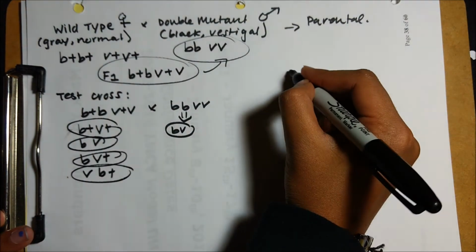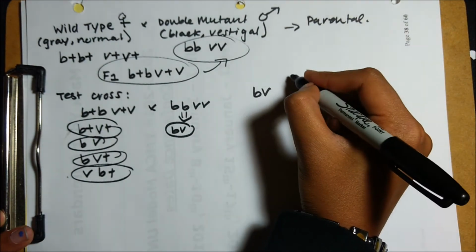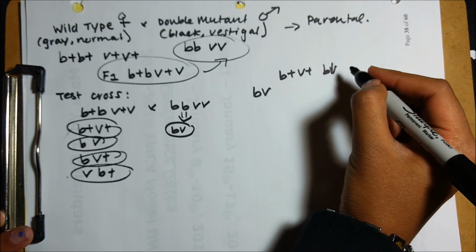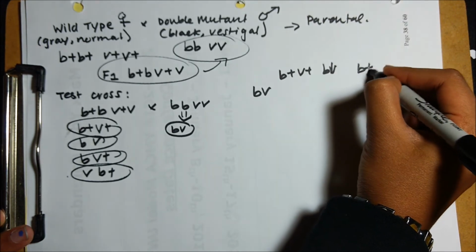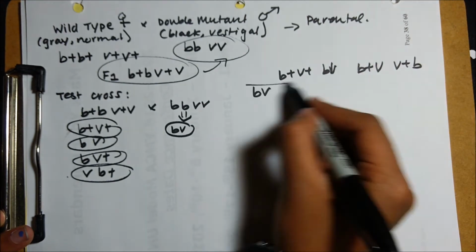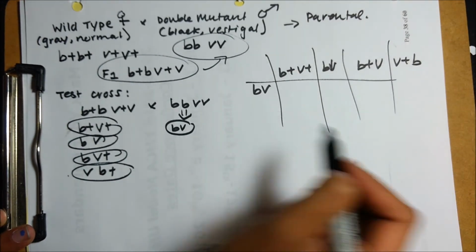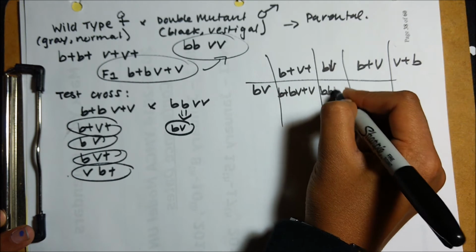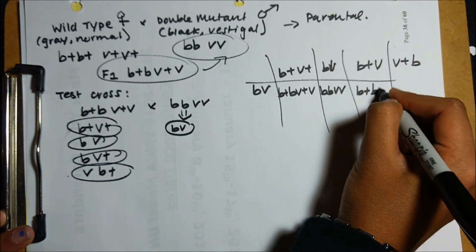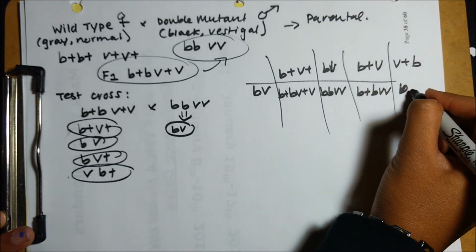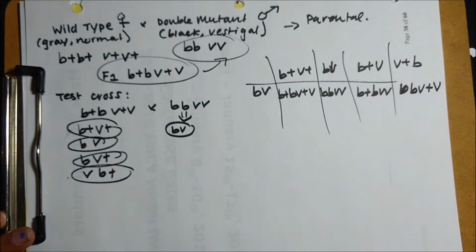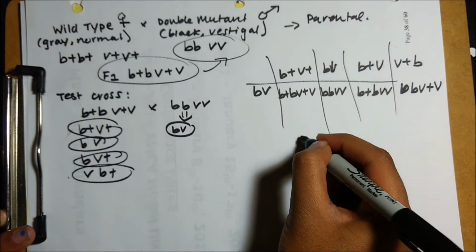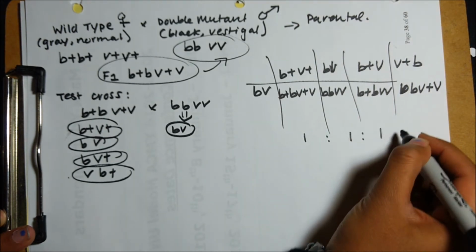So our Punnett square would look like a BV, and you would have a B plus V plus, BV, BV, B plus V, V plus B. So you can have a B plus B, V plus V, B B, V V, B plus B, V V, B B, V plus V. So independent assortment, which Mendel believed in, would give us a ratio of 1 to 1 to 1 to 1.